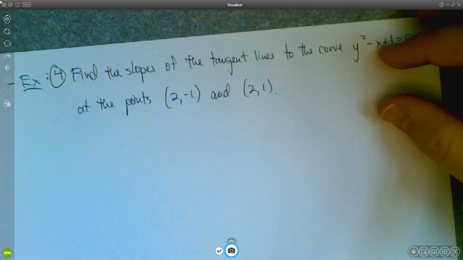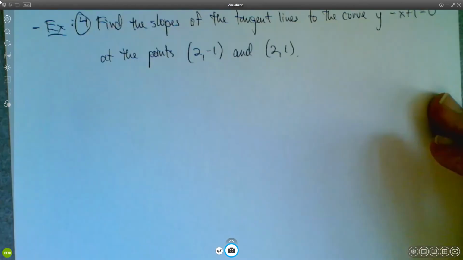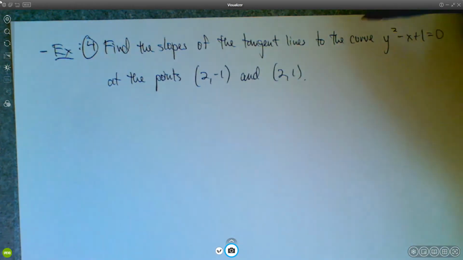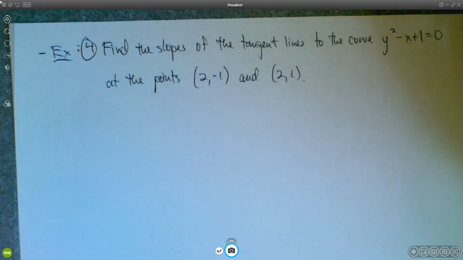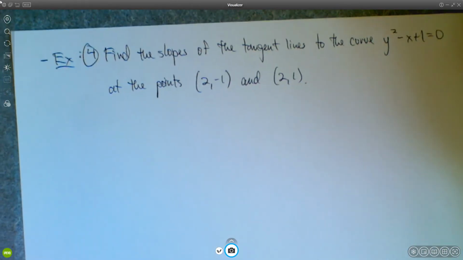Okay? So at these 2 points, maybe they're the same slope for all I know. But we're going to calculate the derivative first of all, and then evaluate that derivative at these 2 points. So let's get to it.